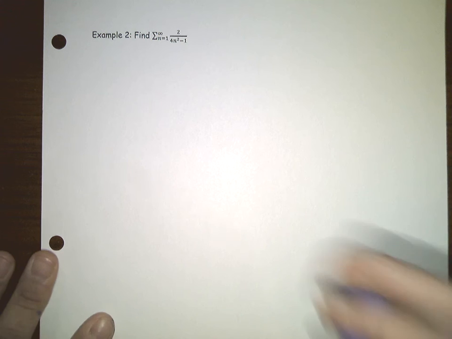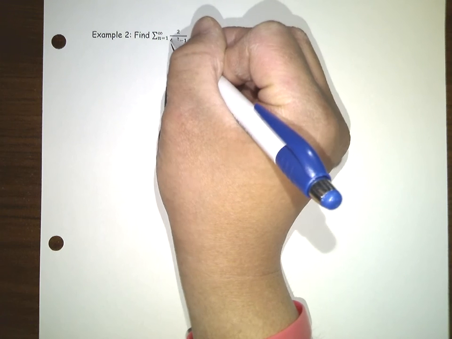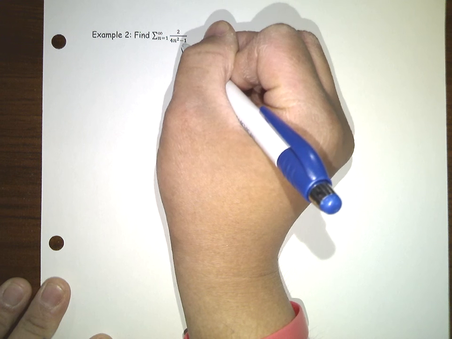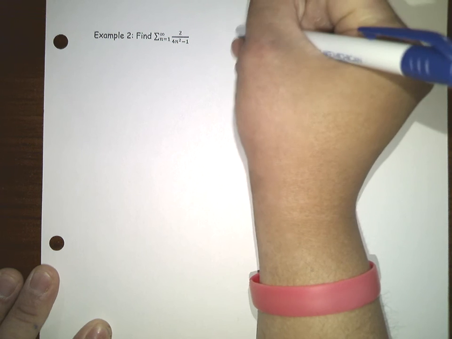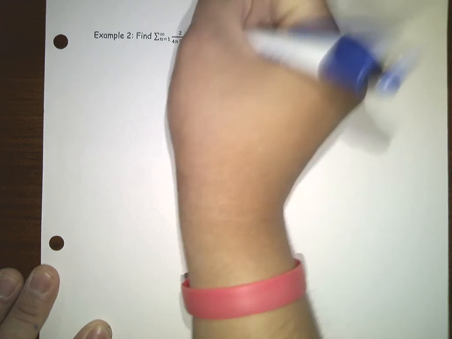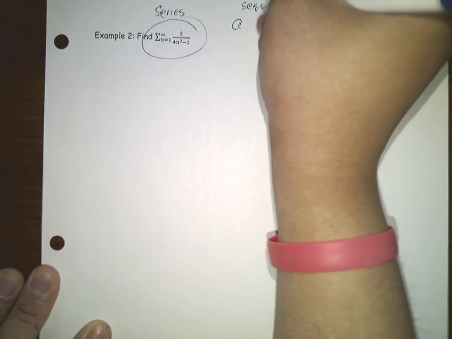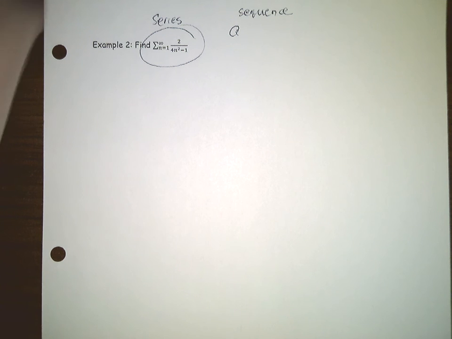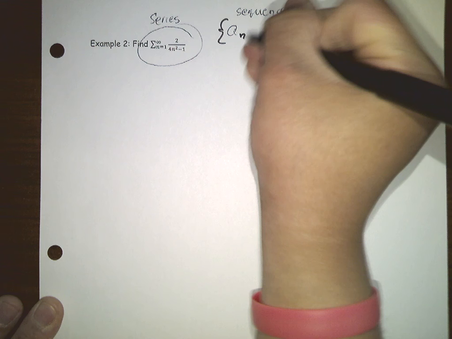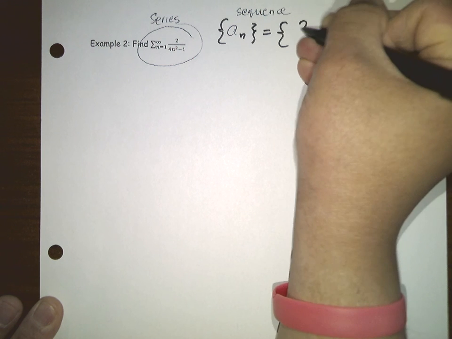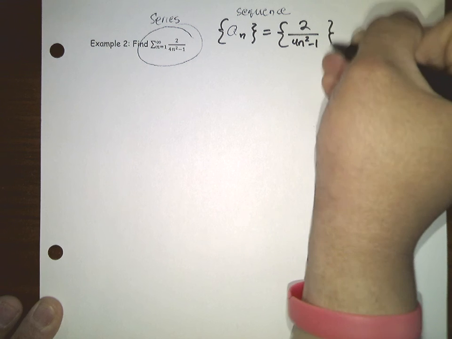So here we go. You have the series here, n equals 1 to infinity of 2 over 4n squared minus 1. This is very similar to the last one. This is a series, and here's the associated sequence with that series: a_n equals 2 over 4n squared minus 1.